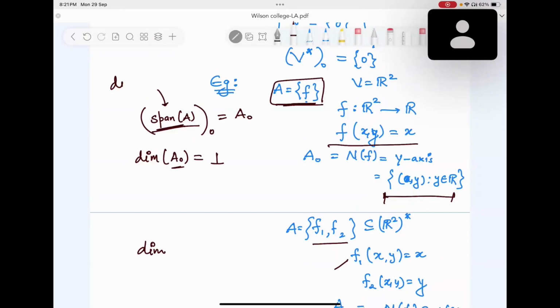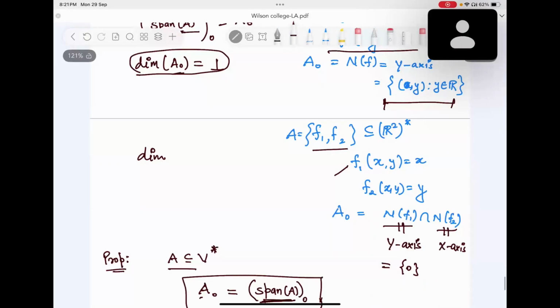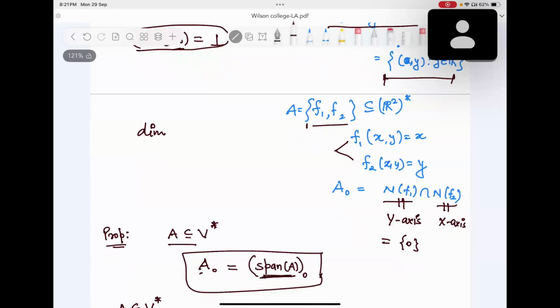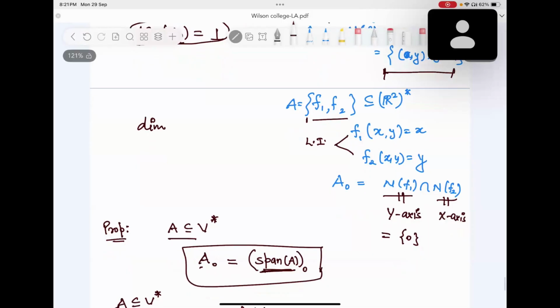Now in this case, what is the dimension? These two linear functions are linearly independent. You can prove this. Now what is the dimension of this span of A? Because these two elements are linearly independent, the dimension is 2. Correct. Now what is the dimension of this span of A annihilator?